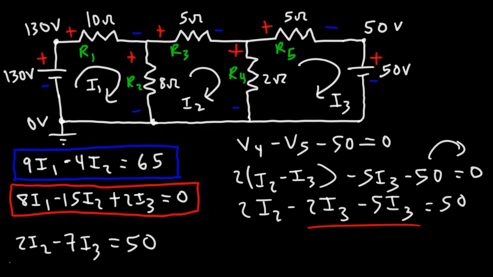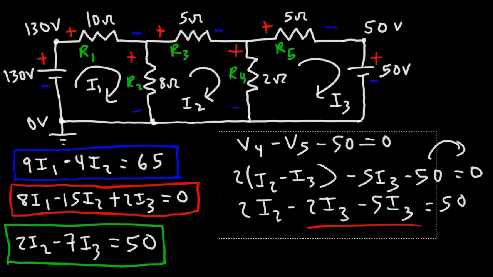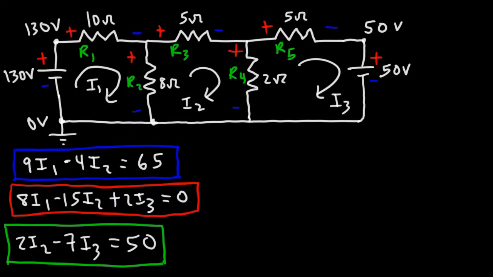So now we have 3 equations, which is enough to find the values of the 3 unknown variables. So how can we solve this system of 3 equations? What do you think we need to do? What I would recommend doing is canceling I1 in the first 2 equations.